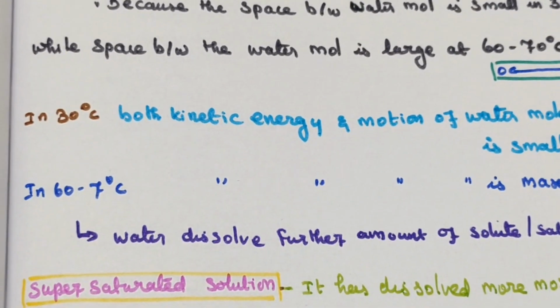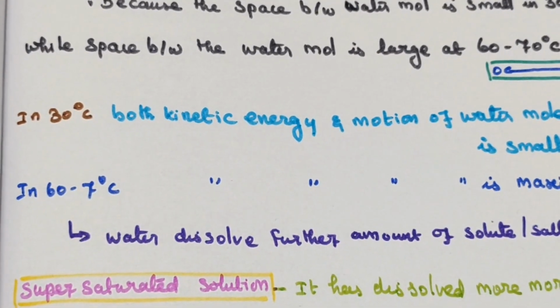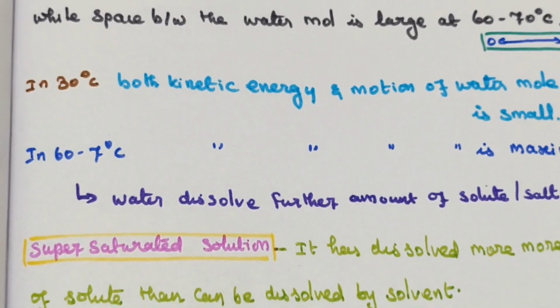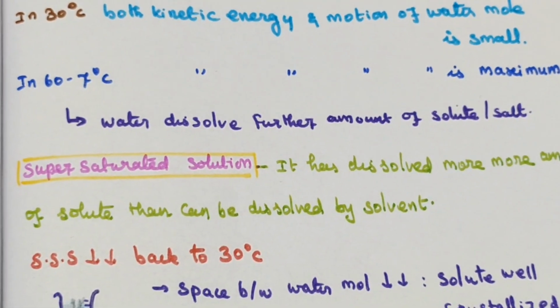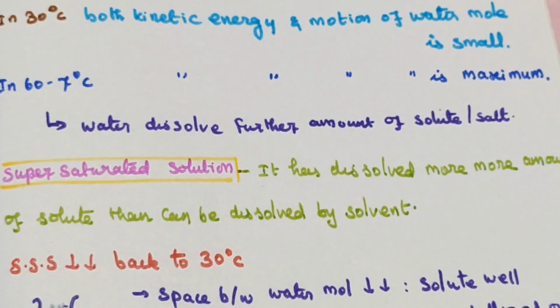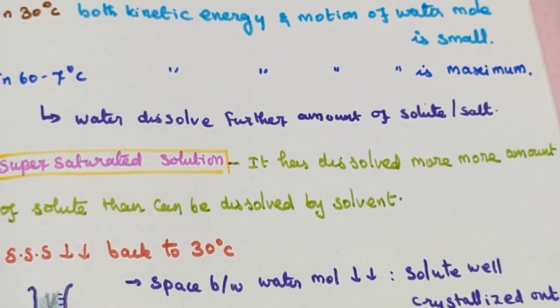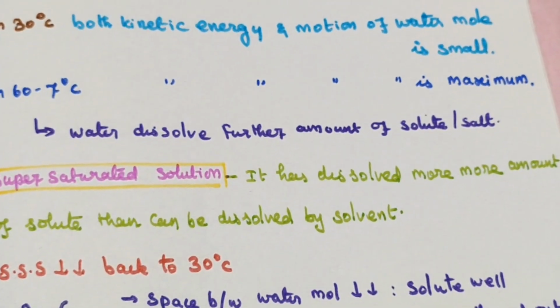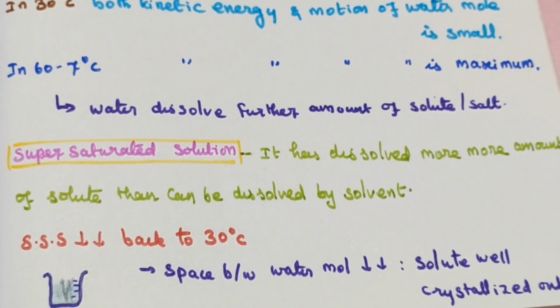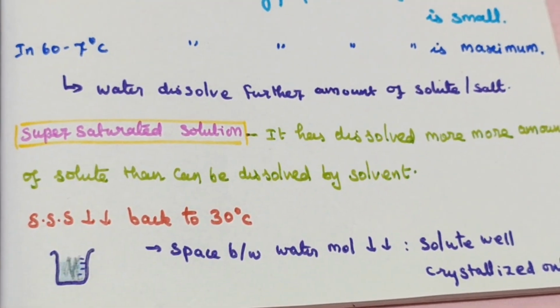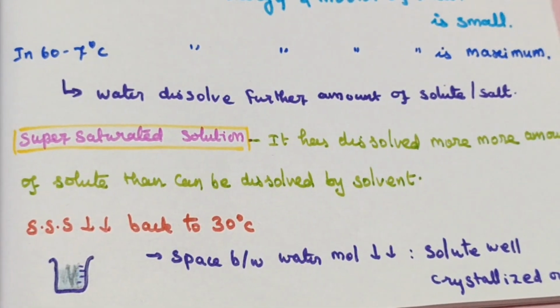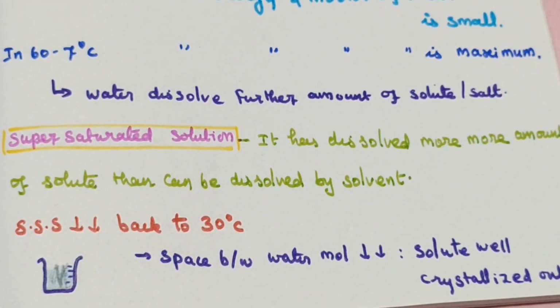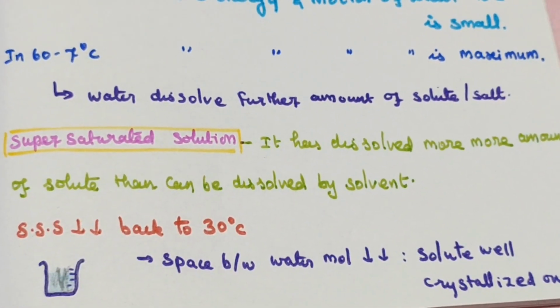So water at 70 degrees Celsius dissolves a further amount of sugar in the solution. This solution is known as a supersaturated solution because it has dissolved more solute than can be dissolved by the solvent.